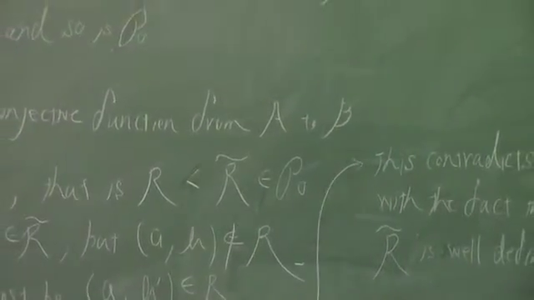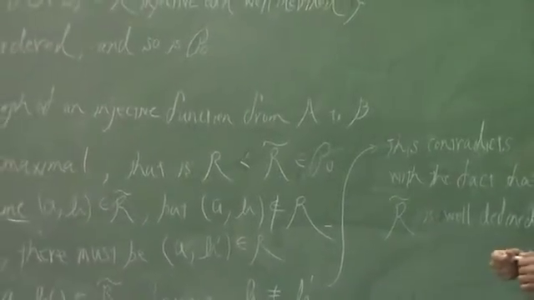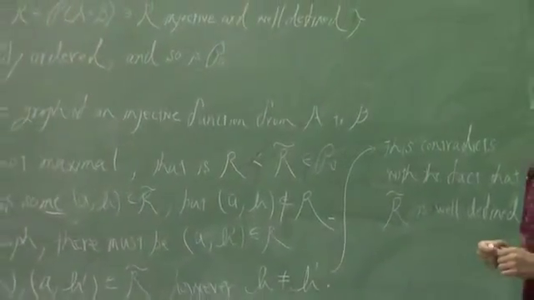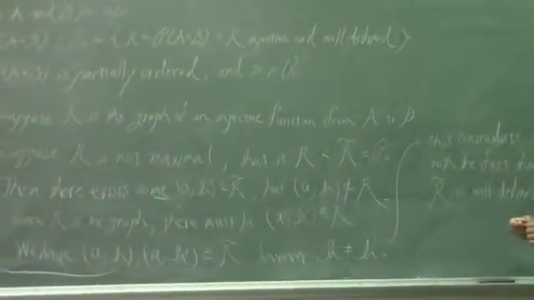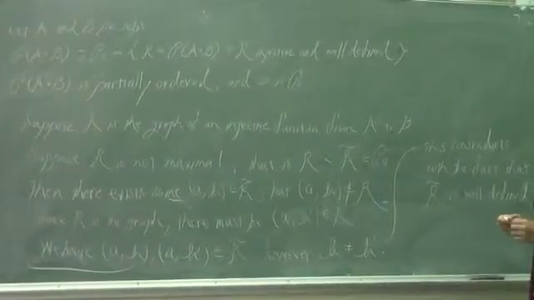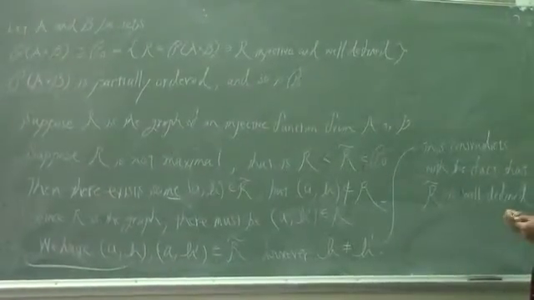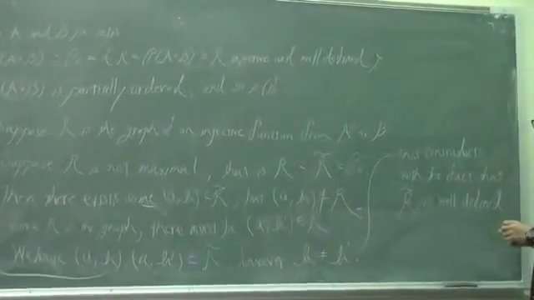So P0 was things that were injective and well defined, and you get a contradiction to being well defined. So the last statement is a contradiction to the fact that R tilde is well defined.